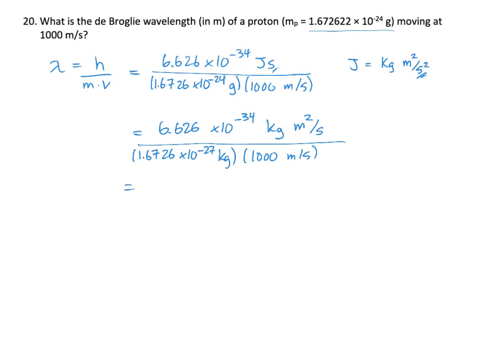And this will have our kilograms cancel. It'll have our meters partially cancel, and it'll have the per seconds cancel. So what we're left with is meters up top, and this will be equal to 3.96 times 10 to the minus 10 meters. So this one is more unit manipulation really than anything else.